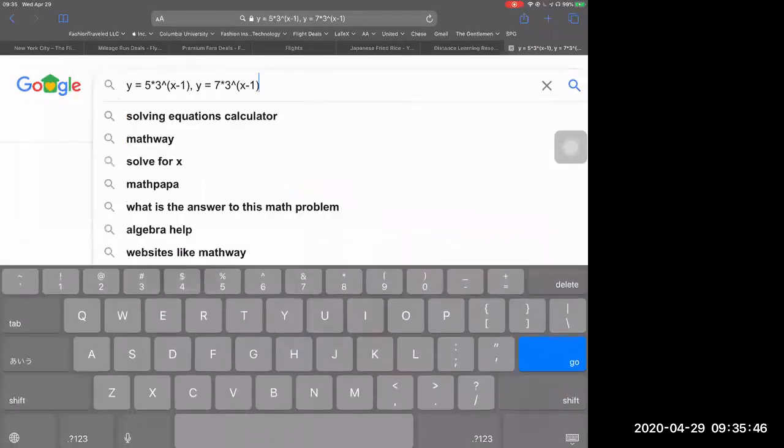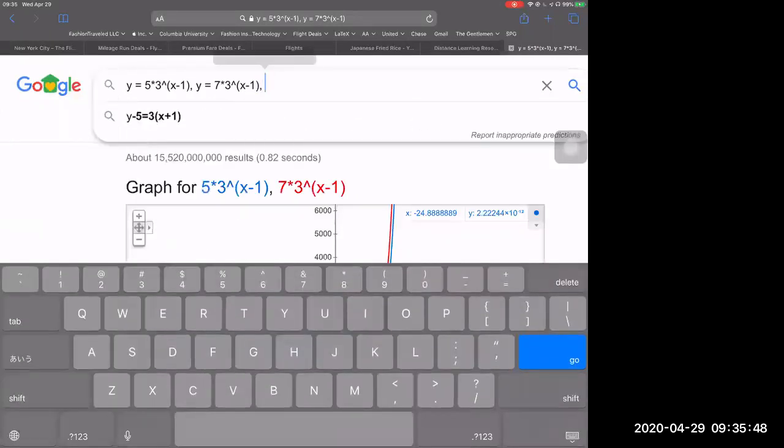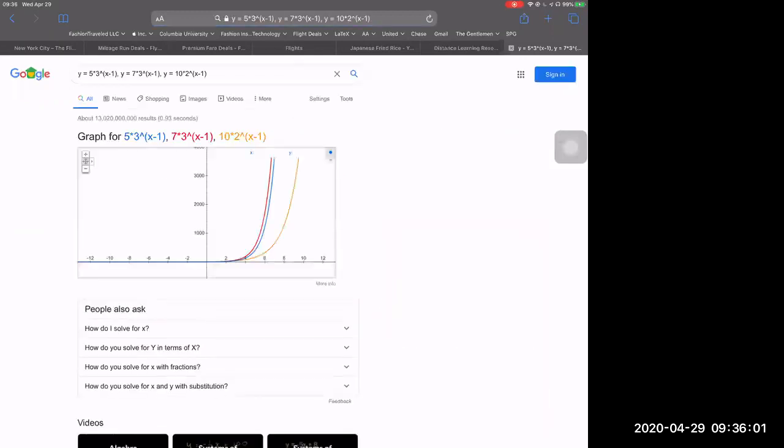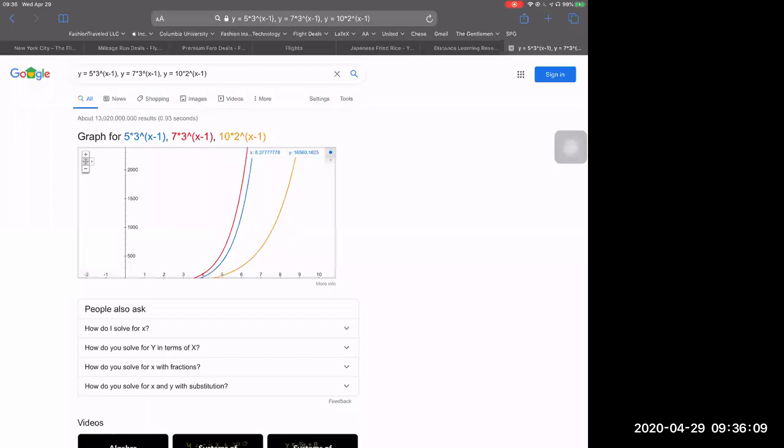So now, last but not least, if you throw in the same exact thing, but you adjust for 10 and 2, times 2. So now we're going to see 3 colored lines. And you can see now that both red and blue outperform, what is that, orange, it looks like?